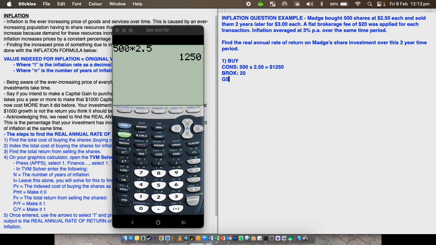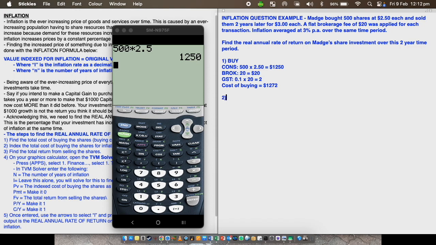And GST is 10% of that, so 0.1 times 20 is $2. Cost of buying equals 1250 plus 20 plus 2, which is 1272. That was the cost of buying. That's your first step done.